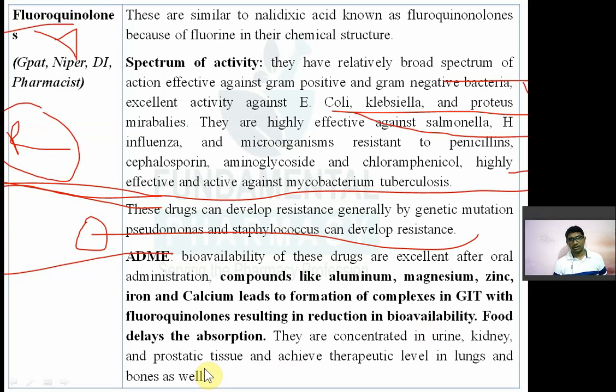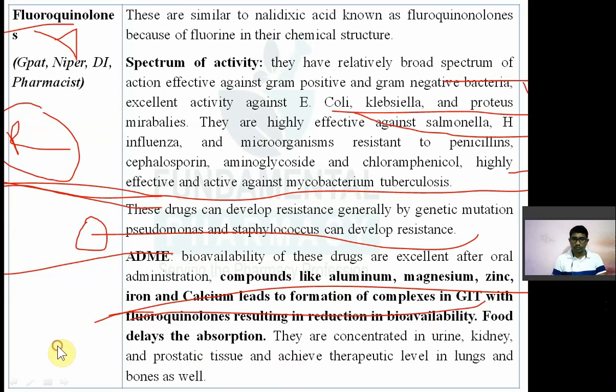Their bioavailability is decreased by the presence of certain compounds. For example, if you take antacid syrup with these fluoroquinolones, the antacid will decrease the bioavailability of these drugs. Compounds like aluminum, magnesium, zinc, calcium and iron, because these ions form complexes with the fluoroquinolones.